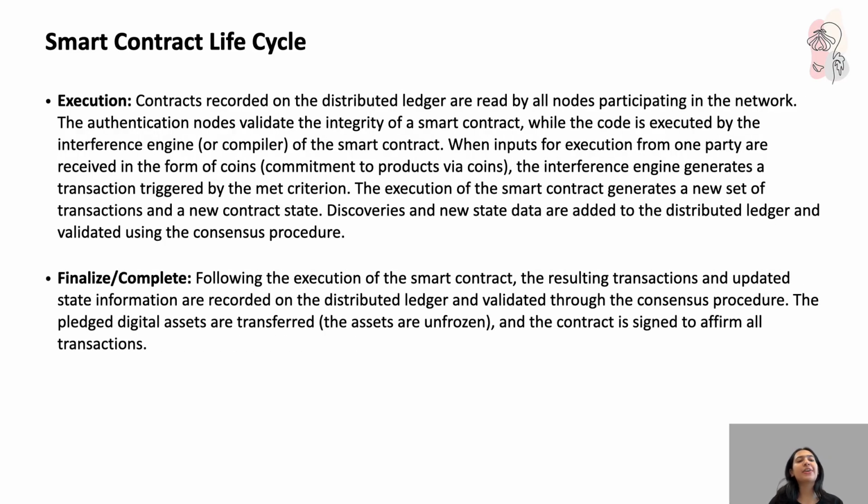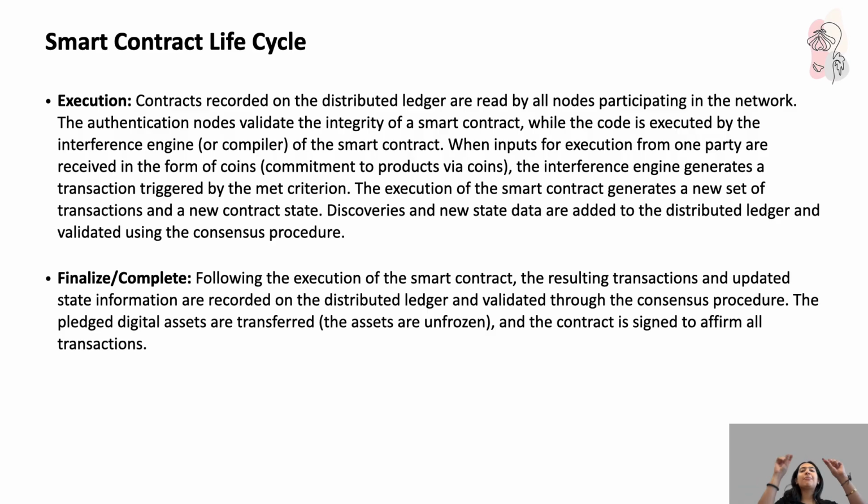Then comes the phase of execution, before the final phase of finalize or complete. In this execution phase, your smart contract actually comes to life. When certain predefined conditions are met, for example a payment is made or a product is delivered, the contract automatically triggers itself to complete the next part.